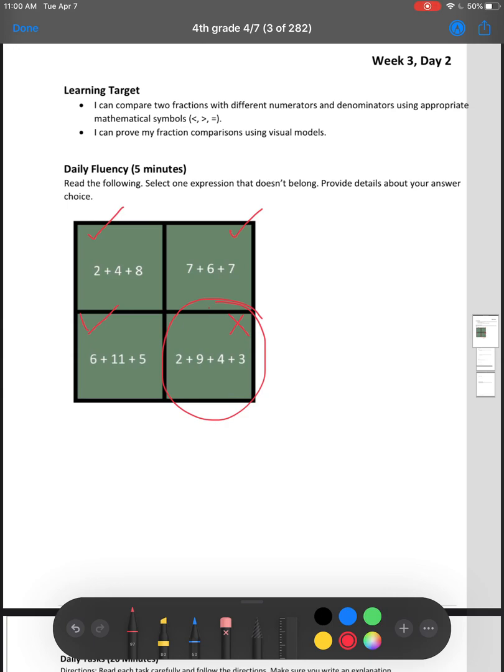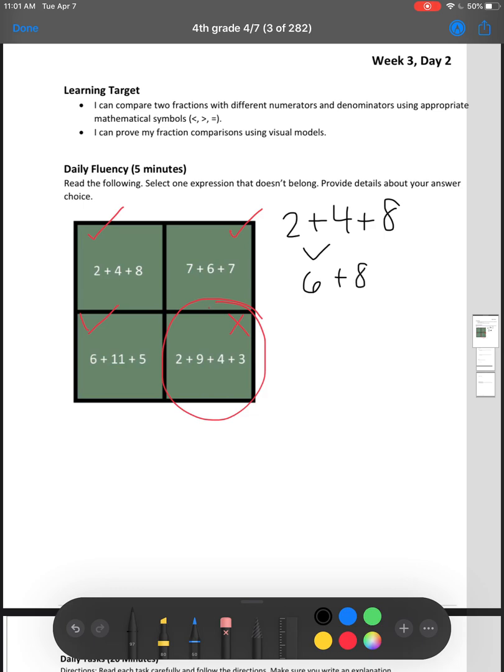Another way is you could have actually solved these equations. So you could say, 2 plus 4 plus 8. 4 plus 2 is 6.